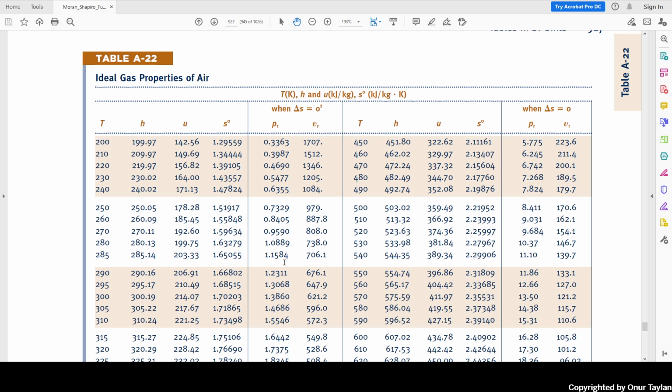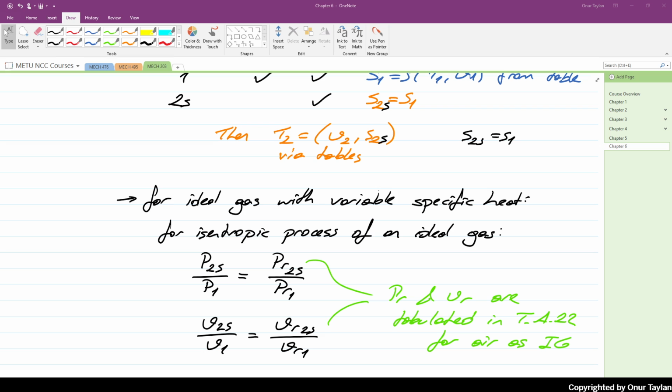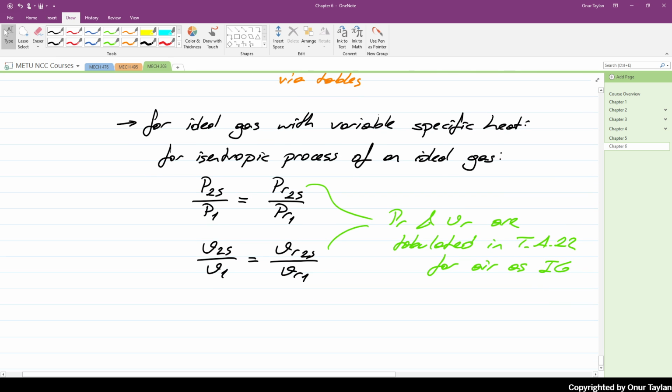All right? So, for instance, if you know T1 and v1 and v2, that was the example, remember that one, what you are going to do is vr2s is equal to v2s over v1 times vr1, right?